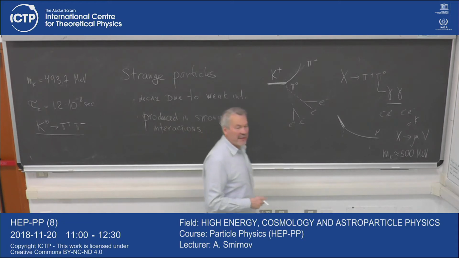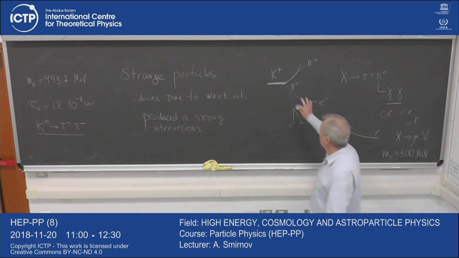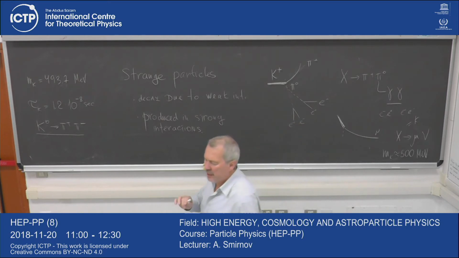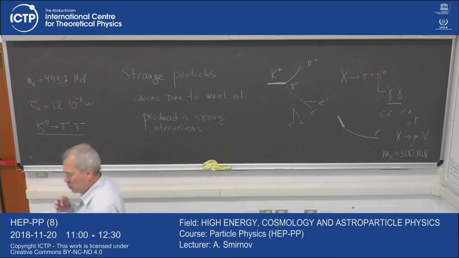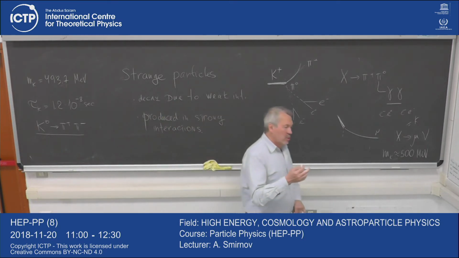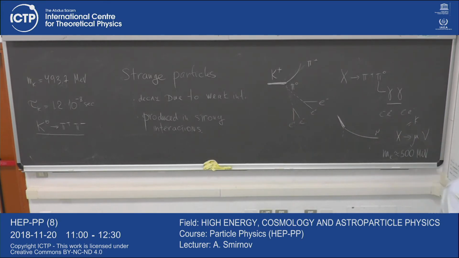So how do we know that they are produced in strong interactions? We know this because the number of events of this type is comparable with the number of events due to pions. We know that pions are strongly interacting particles. Pions are produced in strong interactions of, say, initially coming protons or nuclei in the atmosphere, so these are secondary.